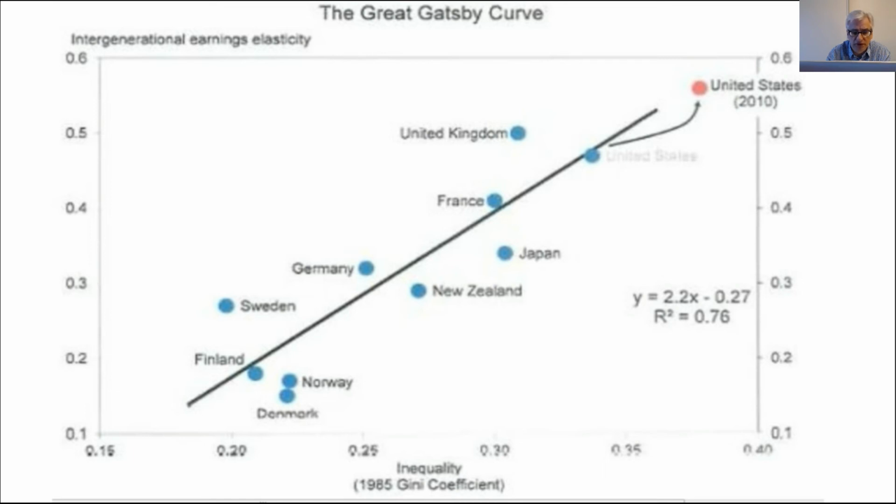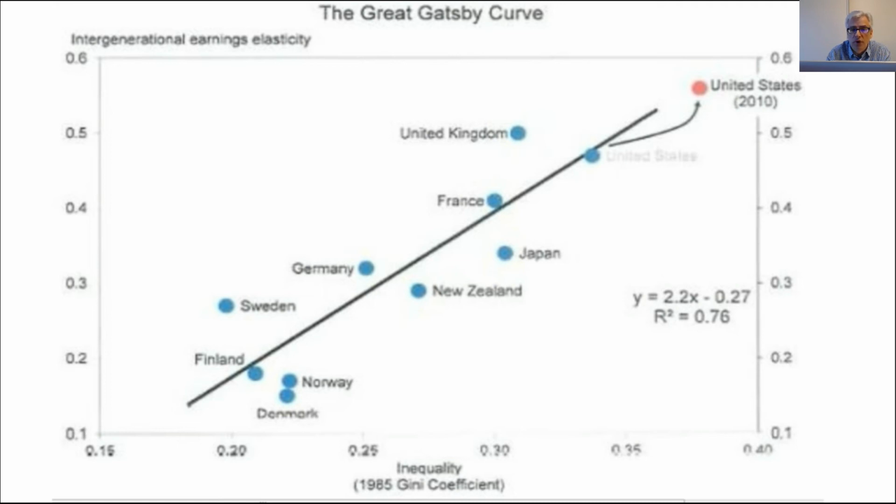These are Finland, Norway, Denmark. Those countries, Scandinavian countries in fact, are also characterized by low inequality, low Gini coefficient. When you look at the United States of America, you see that this Gini coefficient is much higher, and intergenerational earnings elasticity is also high.